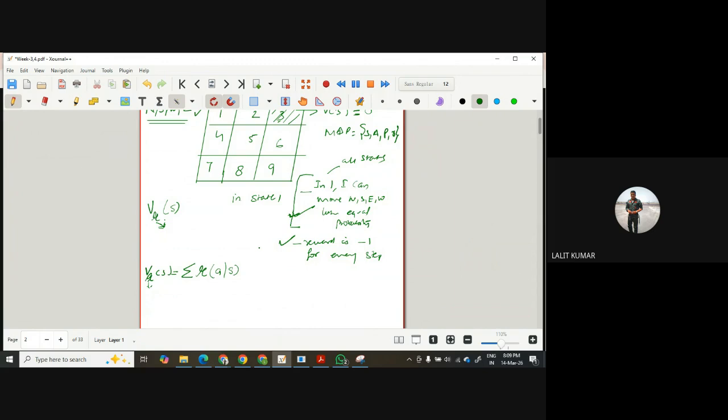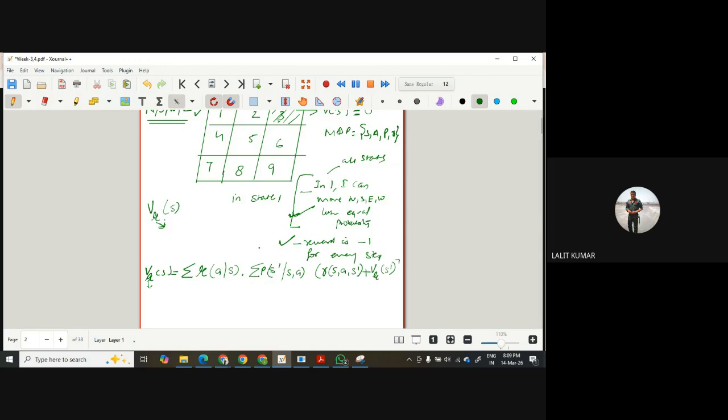So I will cover north also, south also, east also, west also. Thereafter, I will cover all the next states' probability of S prime given S and A, into reward of S, A, S prime, plus V pi of S prime.